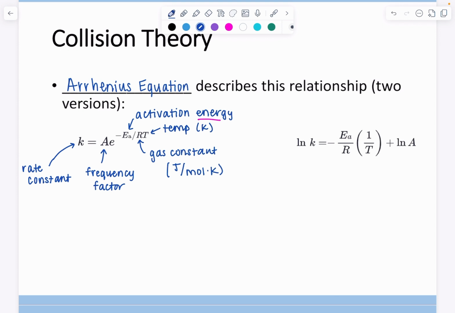So we have ln of k is the y. This fraction here is the slope, negative activation energy over R. 1 over T is x, and then natural log of A is a constant. So that would be y equals mx plus b. This version is easier to work with. We will use this one more often than the other.